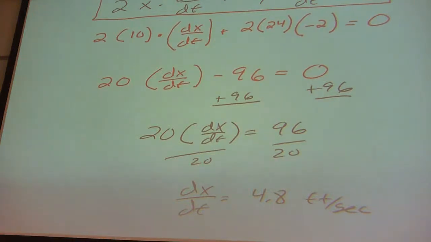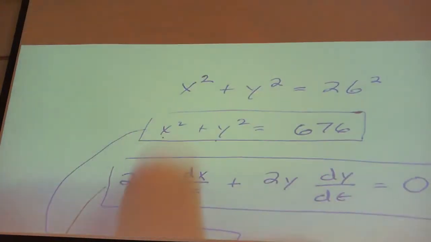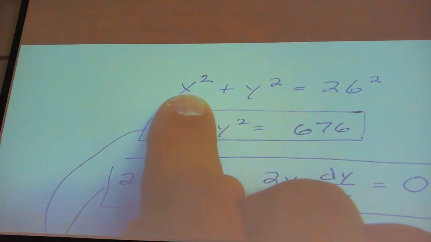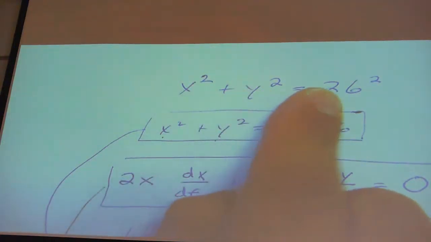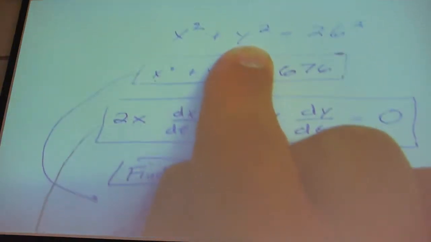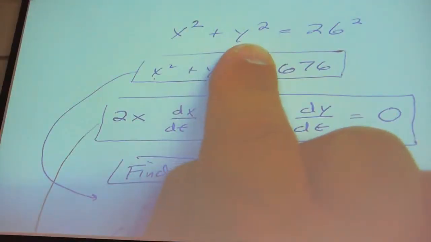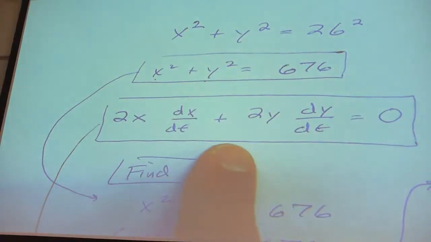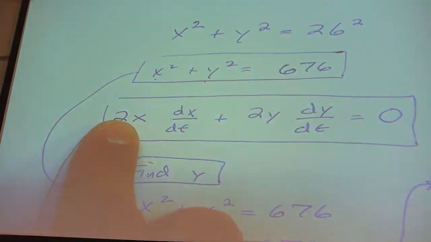So in this case, we looked at our picture and we got the equation x squared plus y squared equals 26 squared. Because it's talking about rate of change, we took the derivative of that, and the derivative of x squared is 2x.